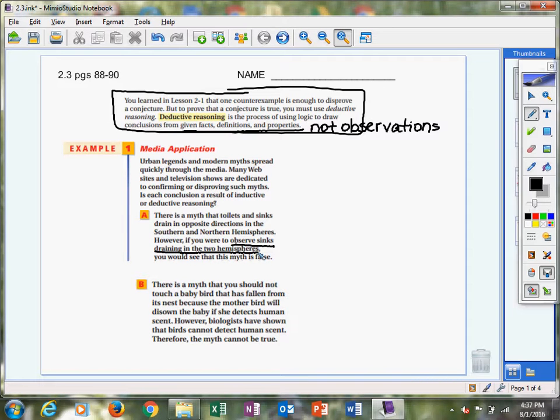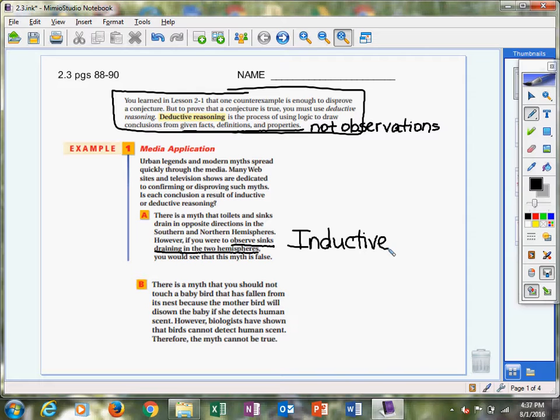If we're observing, then it's not presented as scientific fact, it's an observation, so this would be inductive reasoning, okay? That would be inductive. And since the conclusion is based on a pattern of observation, we would consider that to be inductive.